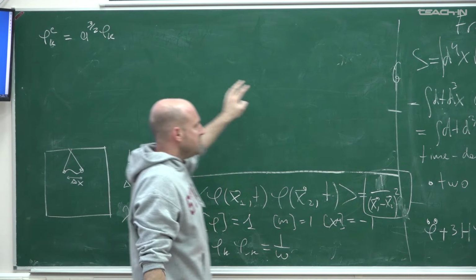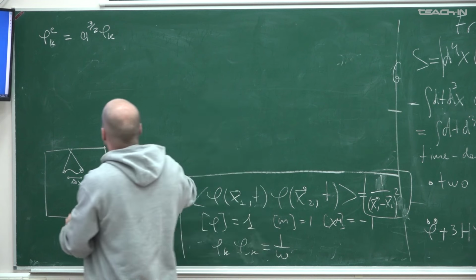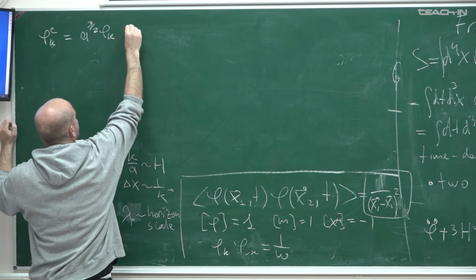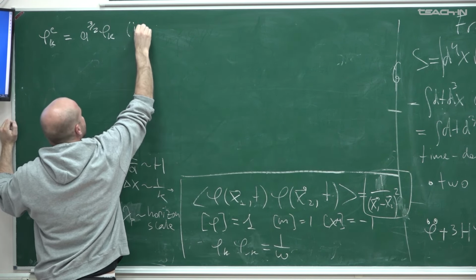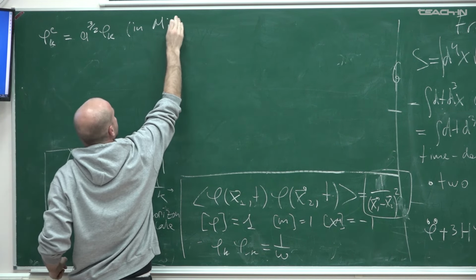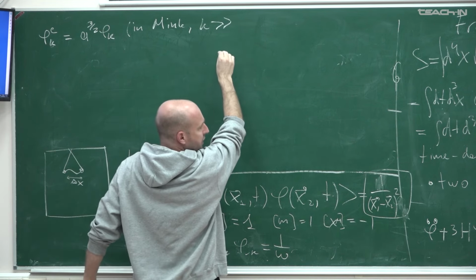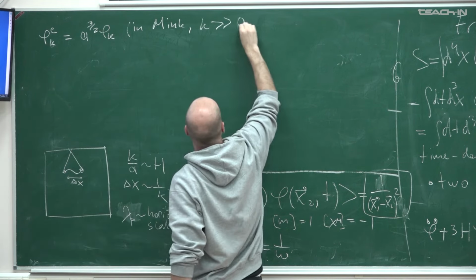Then we're in Minkowski, and this makes sense in the Minkowski region, that is k much bigger than h.